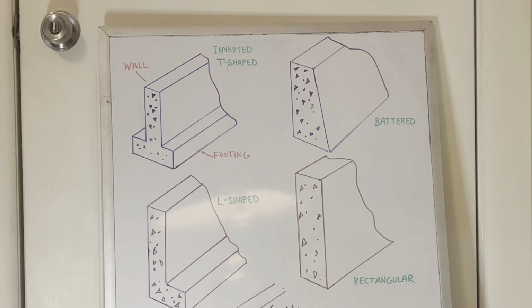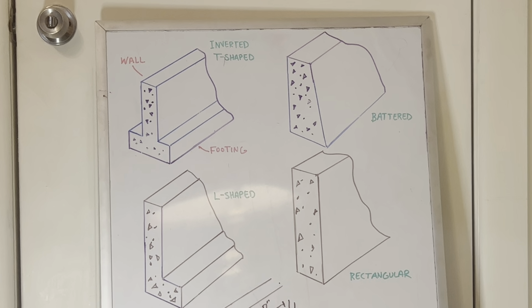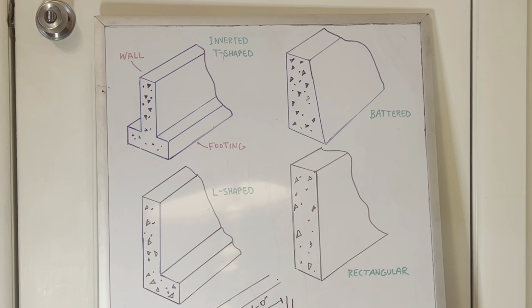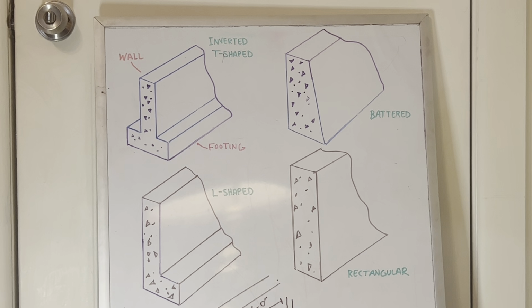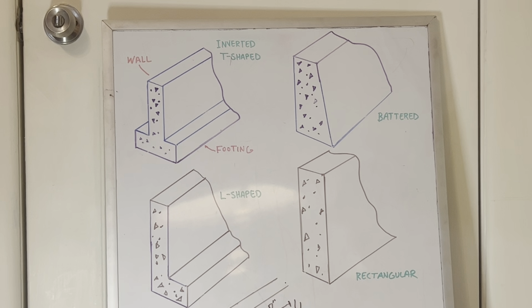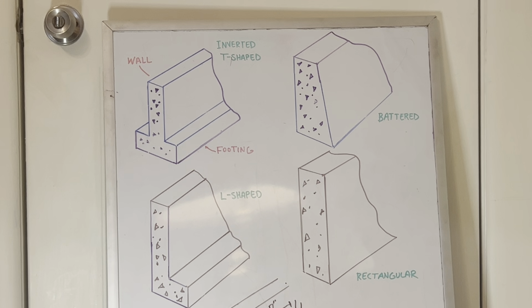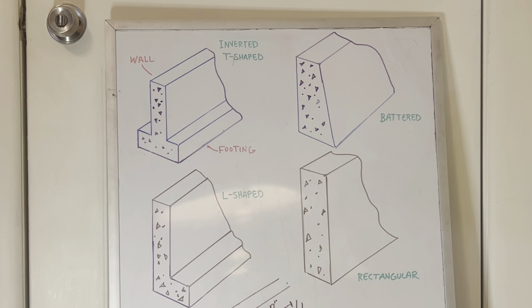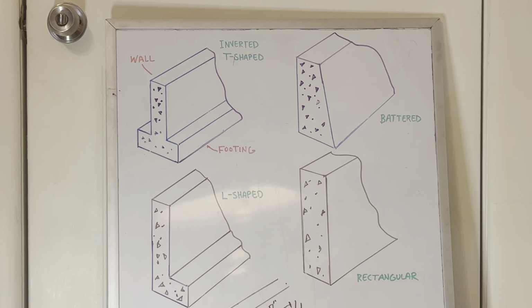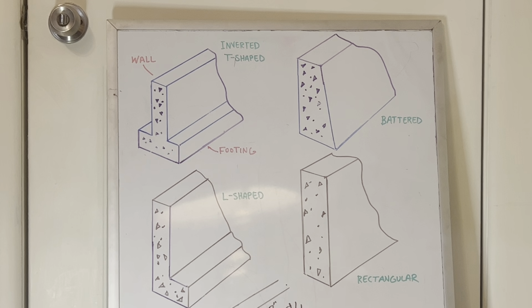Local environmental factors such as climate and seismic conditions also play a large role in foundation design. So if you're in an area that has a lot of, let's say, hurricane activity, you might want something like hurricane ties.